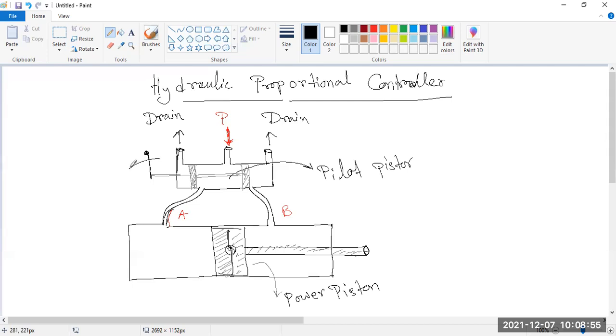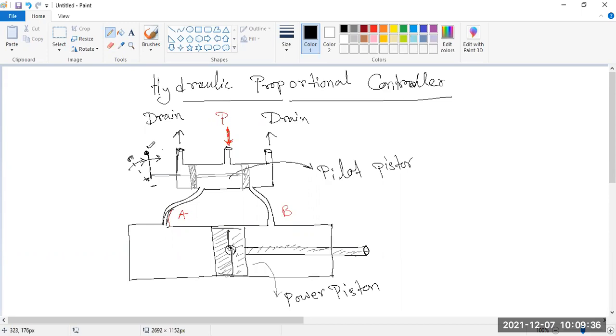If you hold this valve, say its position was in this position, say it was your previous position.